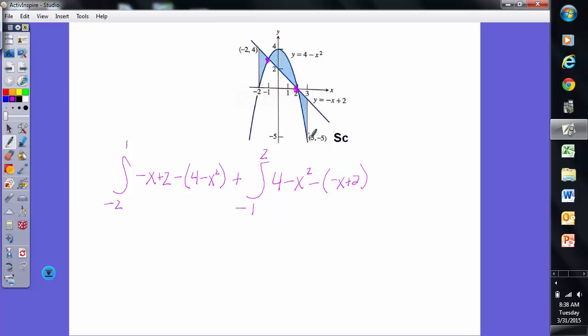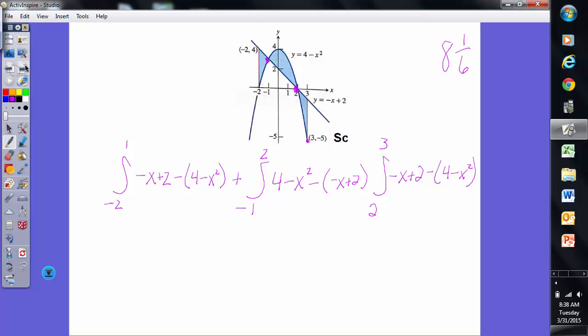And then finally from 2 to 3, the top curve is the line again, and the bottom curve is the parabola. This is a calculator question. You can actually plug these in. And you should have gotten 8 1/6 or 49/6. The one before this was a calculator question too.